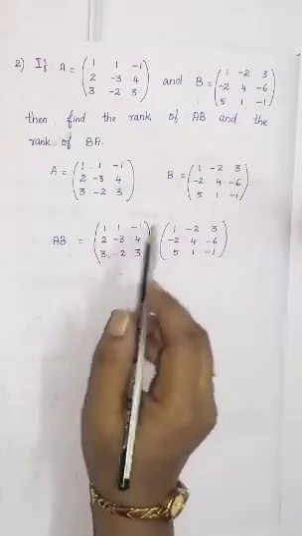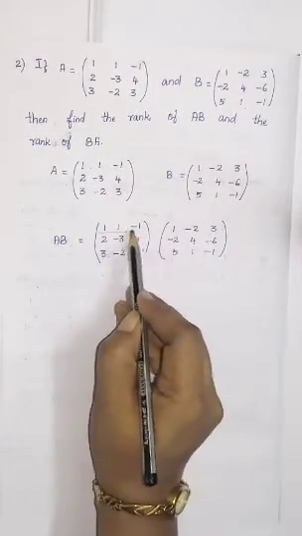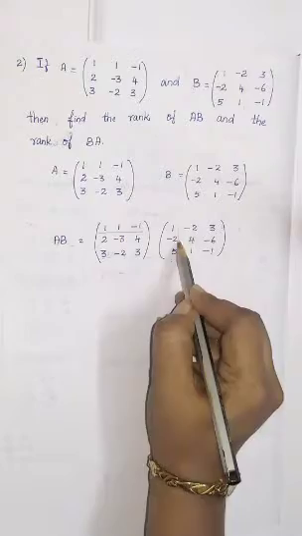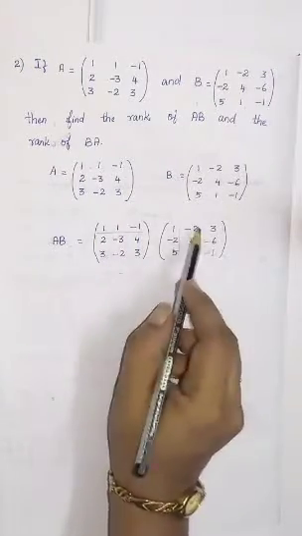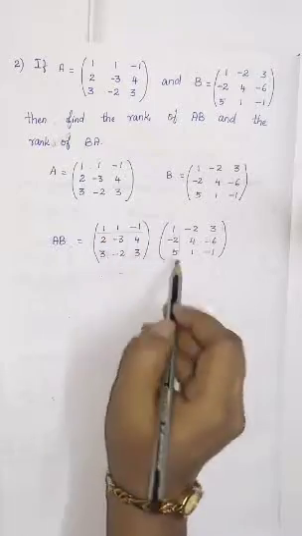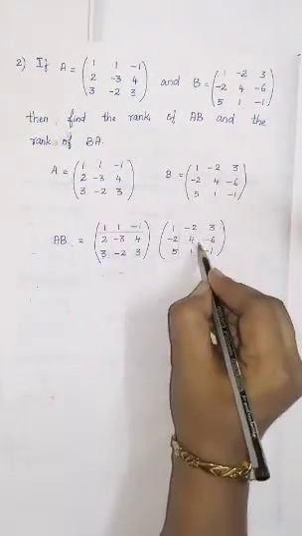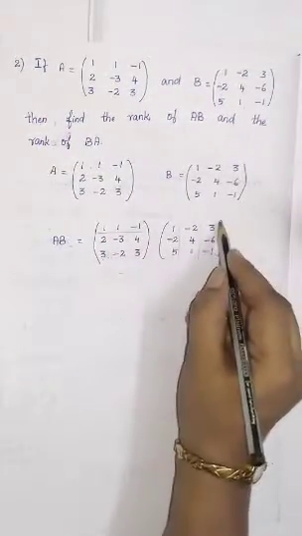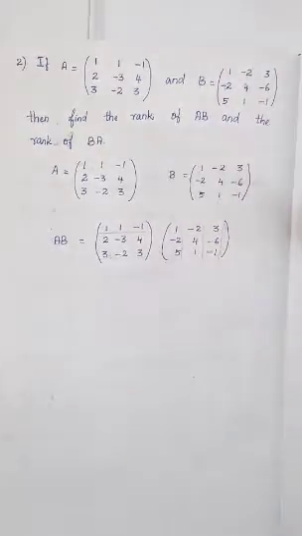So now we'll have to multiply the first row and first column elements. Then the first row and second column, first row, third column elements. You'll have to multiply. Okay.